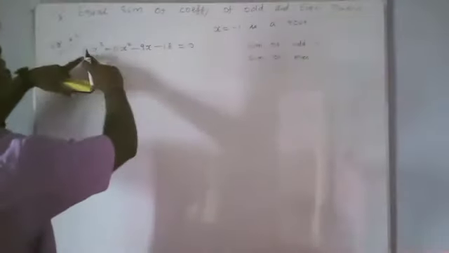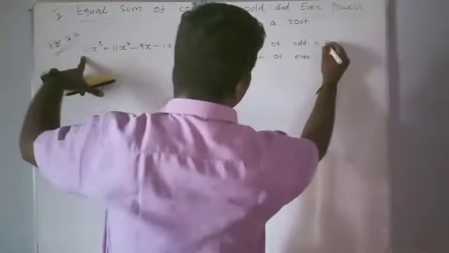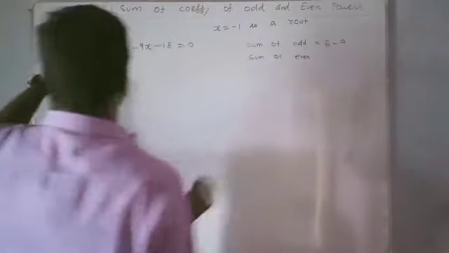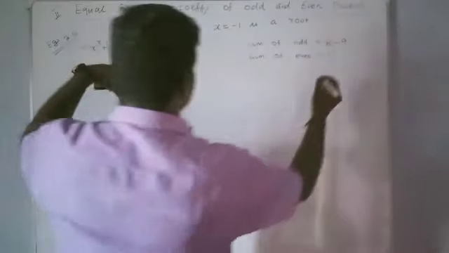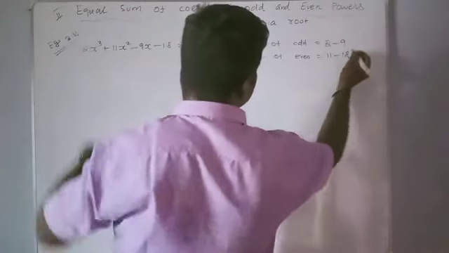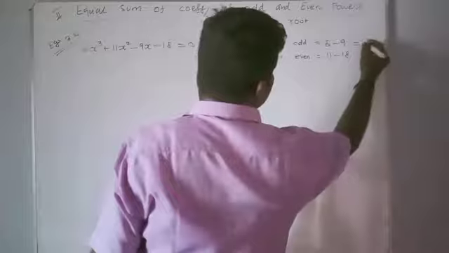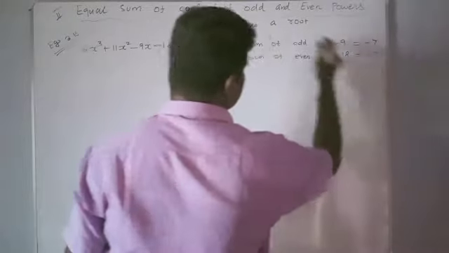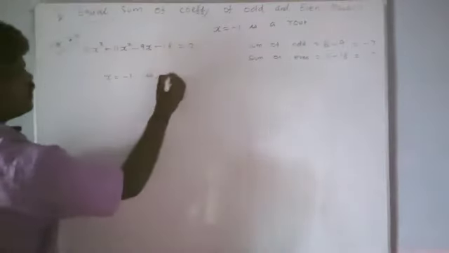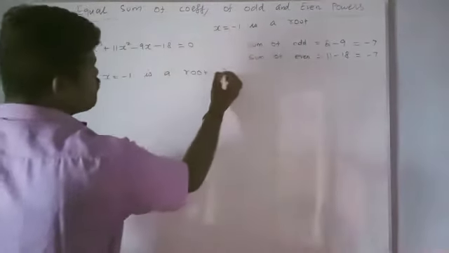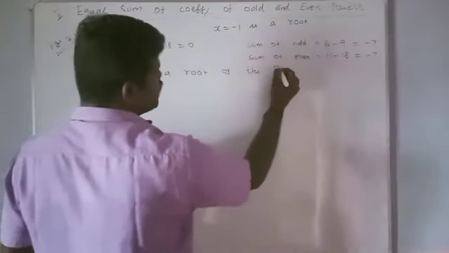The odd powers are x cube and x, so 2 minus 9. The even powers have coefficients 11 and minus 18. So what is the answer here? Minus 7, also here minus 7. So both are equal. Therefore x equal to minus 1 is a root of the given equation.